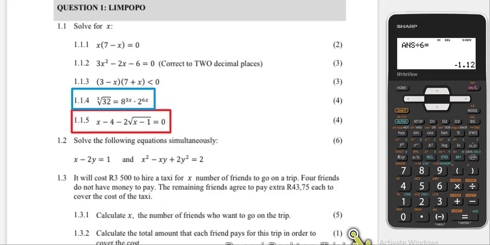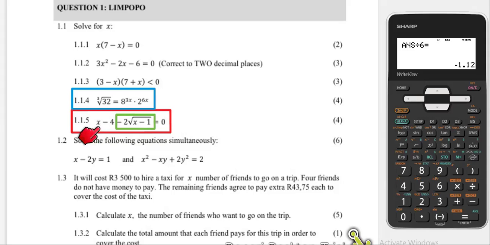The first thing I said is the square root must be alone on its own. So what's in the green box must go to the right-hand side. I'm going to move the green to the left. So here we go.